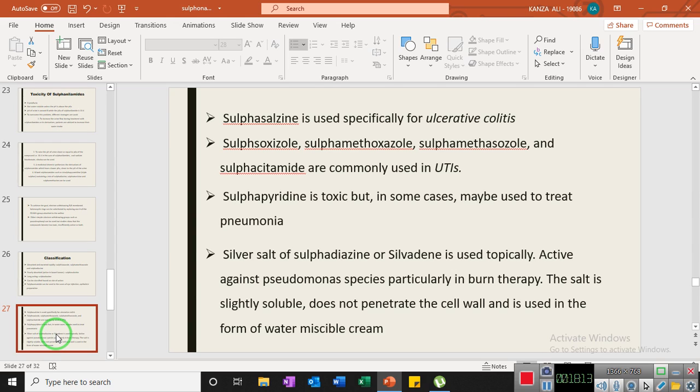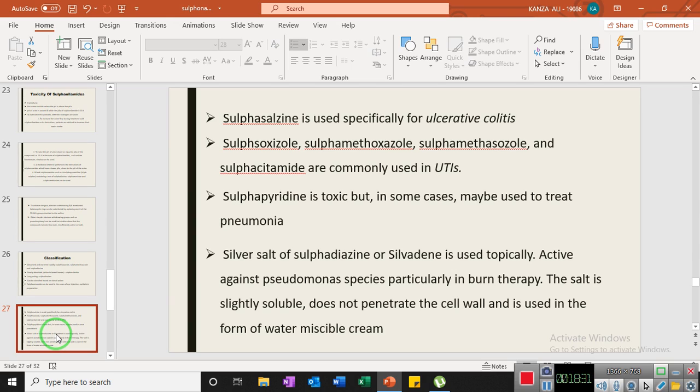Then we have got certain compounds which are used topically. Generally, these compounds are used as burn therapy.